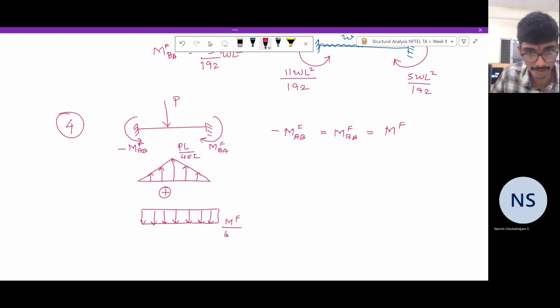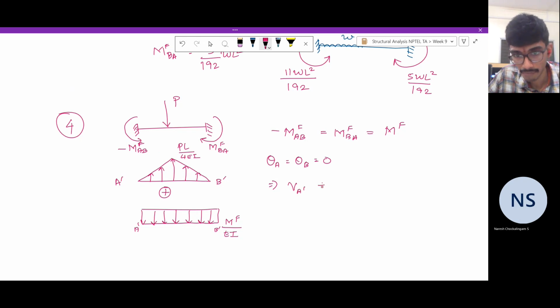MF by EI. What is the condition? So the condition is the slope on both sides of the beam is 0. So the real beam theta A is equal to theta B is equal to 0, which corresponds to, in the conjugate beam, the shear force at the point A prime is equal to the shear force at the point B prime, and both are 0. So when does the shear force arise?